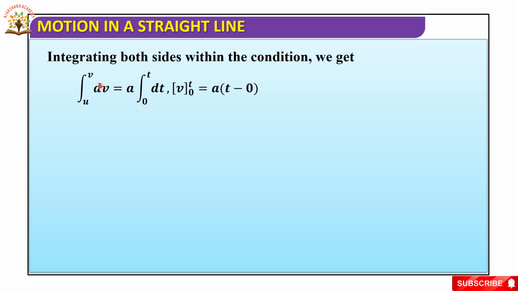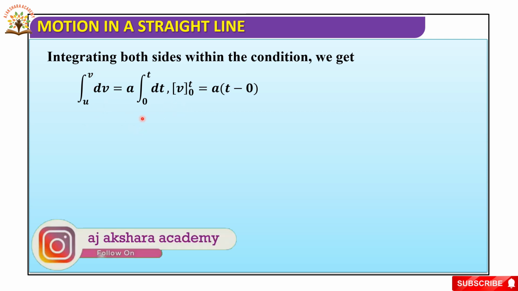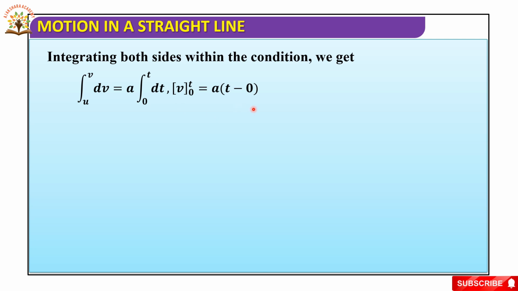integration of u to v dv is equal to a times integration of 0 to t dt. So, integration of dv is v, applying the limits v minus u, that is equal to a times integration of dt is t, applying the limits t minus 0.